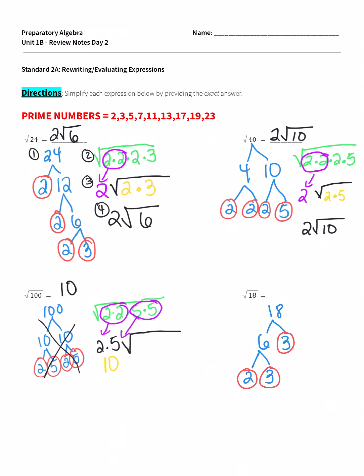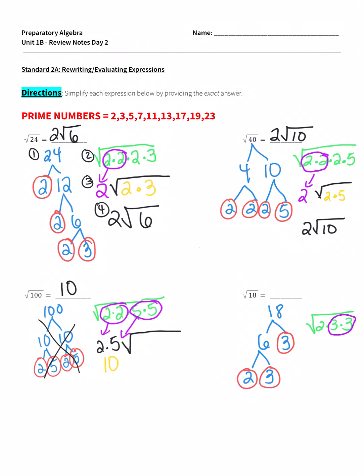My next step is to draw a new square root and put the prime numbers underneath. So I have 2 times 3 times 3. Now I identify if there are any pairs, any groups of 2. And I can see that we have 2 3s here, so I'm going to circle those.